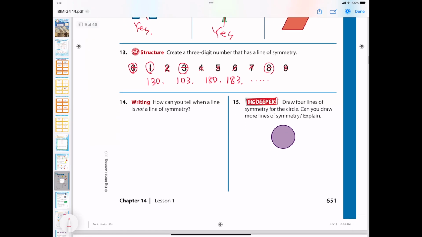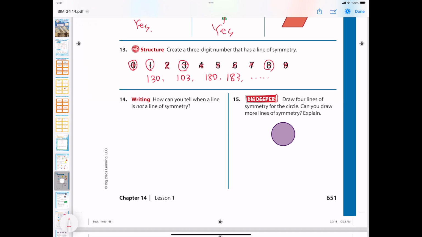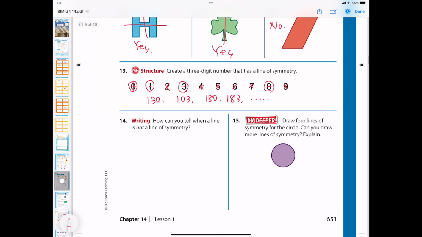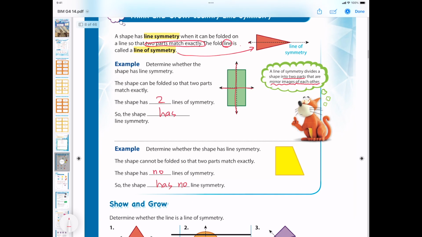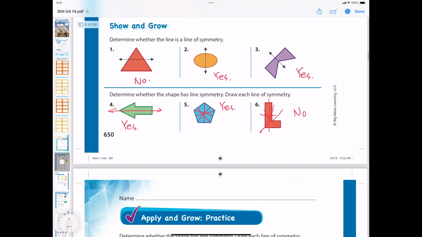Alright, so number 14. How can you tell when a line is not a line of symmetry? Do you remember what Descartes says? A line of symmetry divides a shape into two parts that are mirror images of each other.